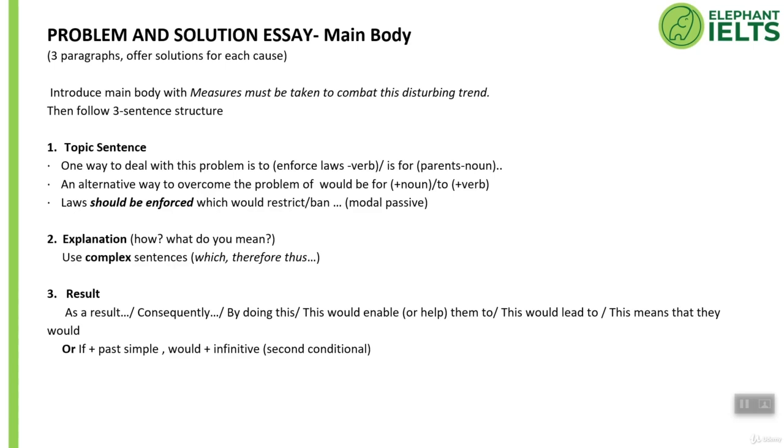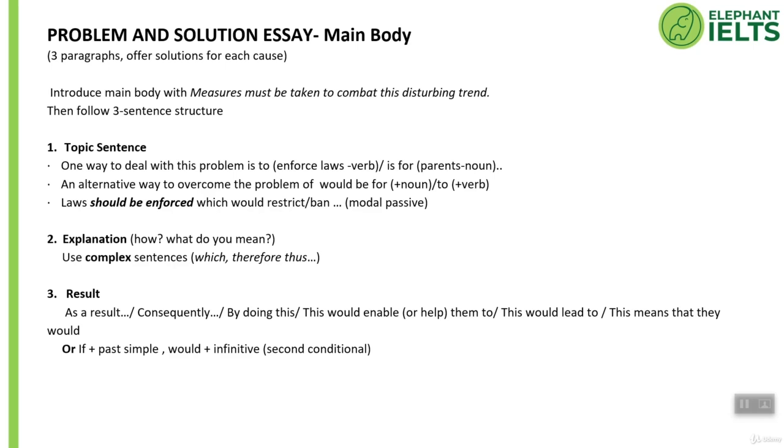First of all, the topic sentence, which offers a solution to the first cause of the problem. For example, one way to deal with this problem is to, or is for, or you could begin for the second paragraph, for example, an alternative way to overcome the problem would be, or you could use a modal passive for one of the paragraphs.